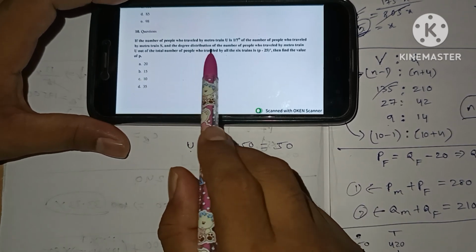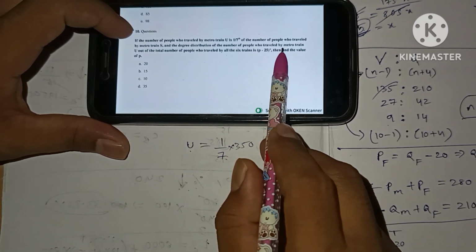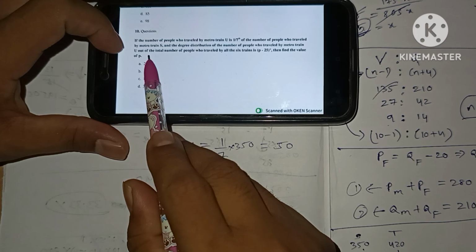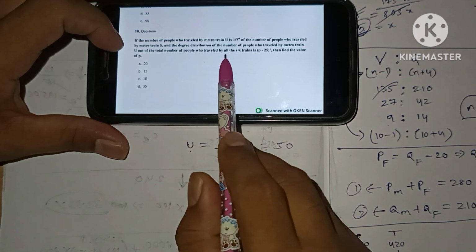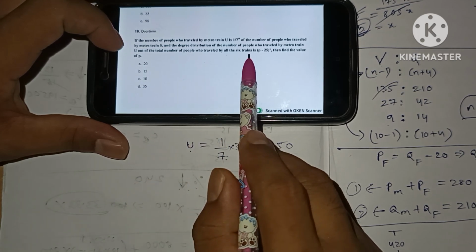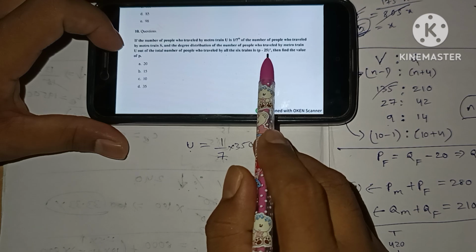and the degree distribution of the number of people who traveled by metro train U out of the total number of people who traveled by all the 6 trains is P minus 25 degrees.